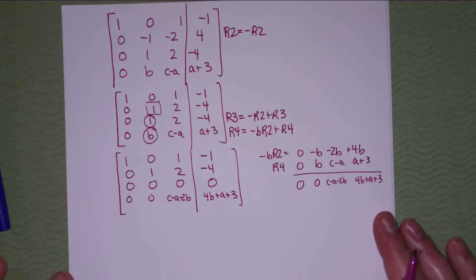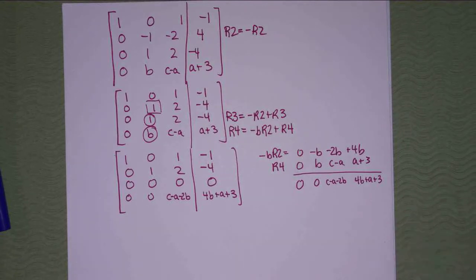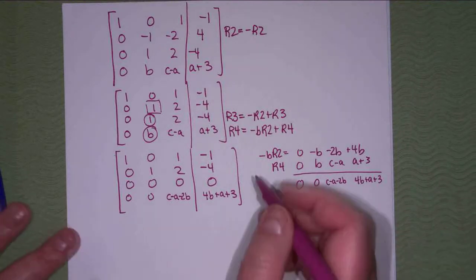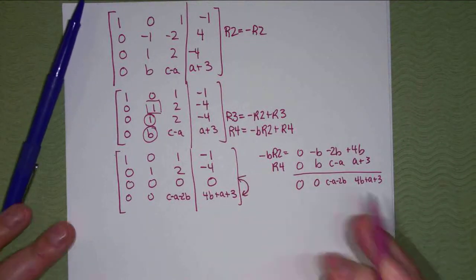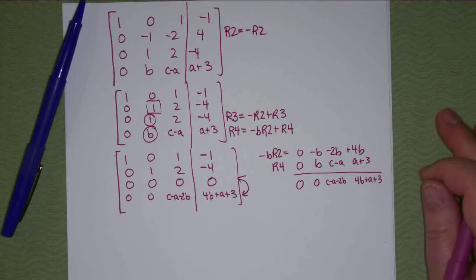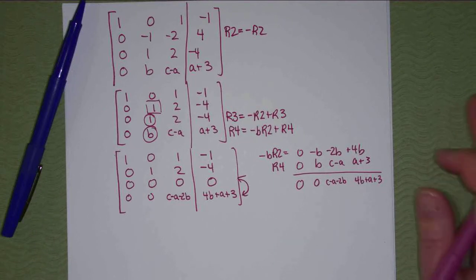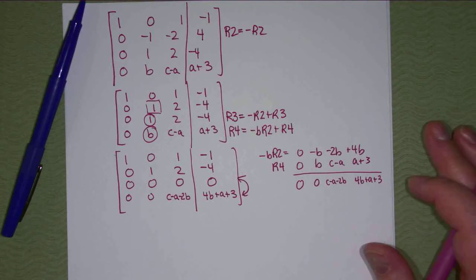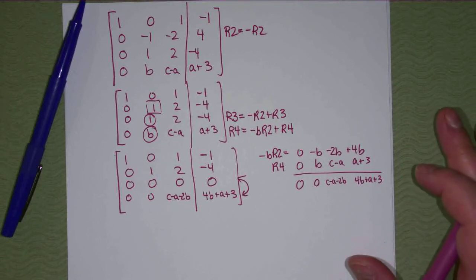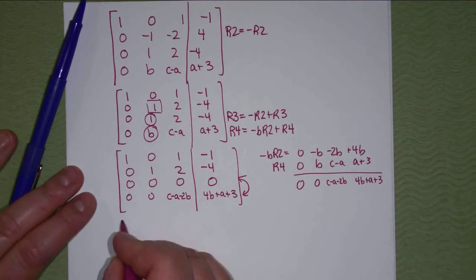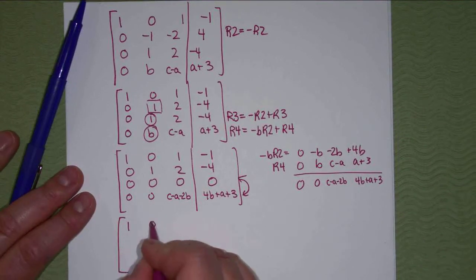Well, rows of zeros have to be at the bottom, so it'd be good to switch that. All right, I'm not going to rewrite that right now. But we can stop, because what we're looking for is what A, B, C, D to get one solution, no solution. Okay? I said I wasn't going to rewrite it, but I'm going to.